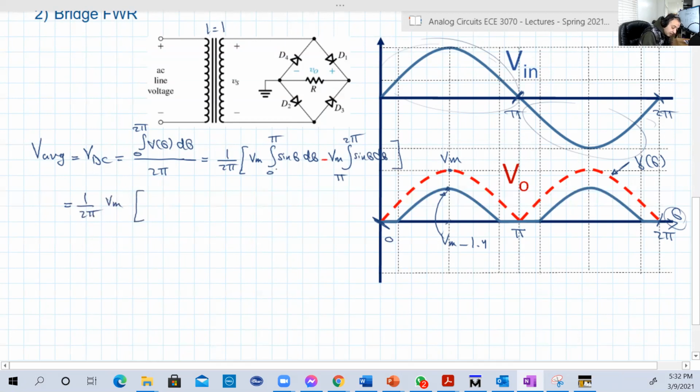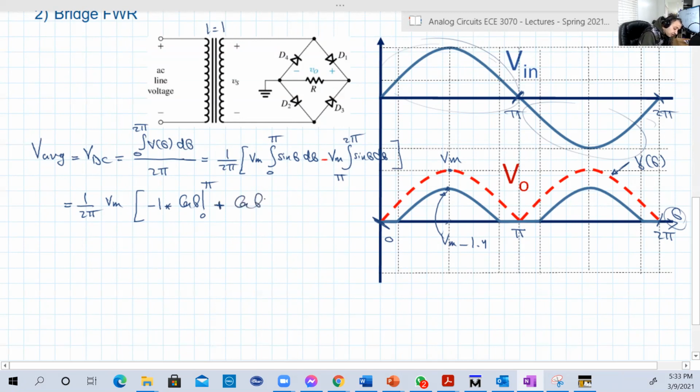Then the integration from 0 to pi of sine theta is minus cosine theta from 0 to pi, minus again the integration of sine theta is minus cosine, minus with minus will be positive here.